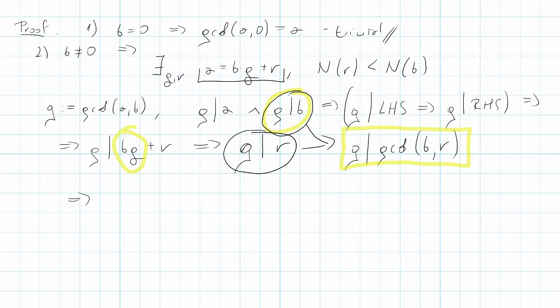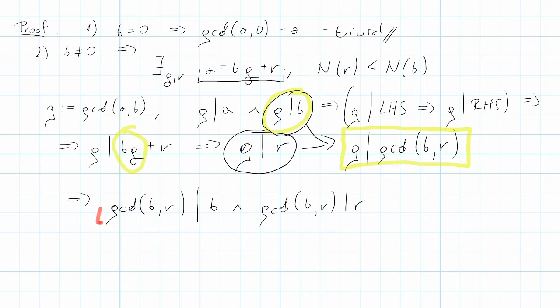So what we now take is the greatest common divisor of B and R, which obviously divides B and obviously divides R. The greatest common divisor of B and R divides R. That's trivial. But now let's again look at our equality.